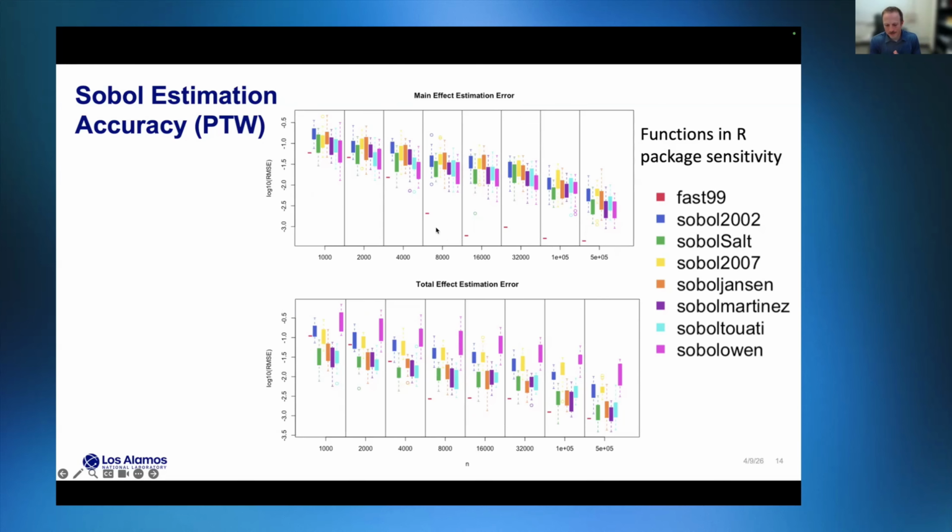And that's not just the case with PTW. I think that's pretty common. At least that's the case for the main effects. It's a little bit less the case for the total effects. All right, so now you can see these are ways you can go about the estimation of these Sobol sensitivity indices.